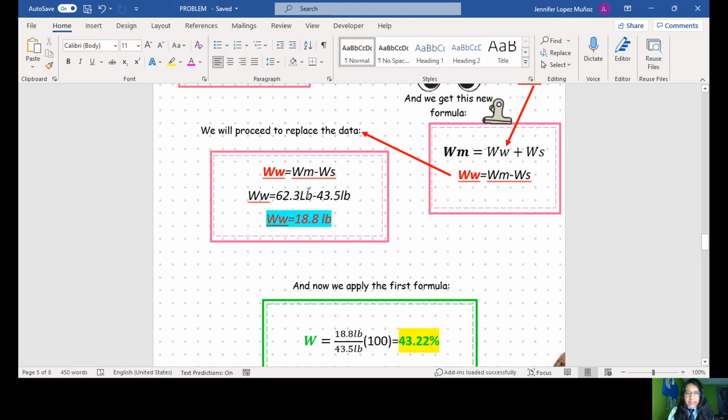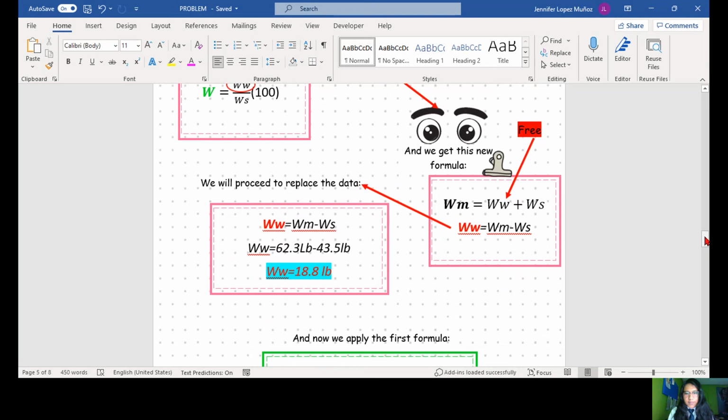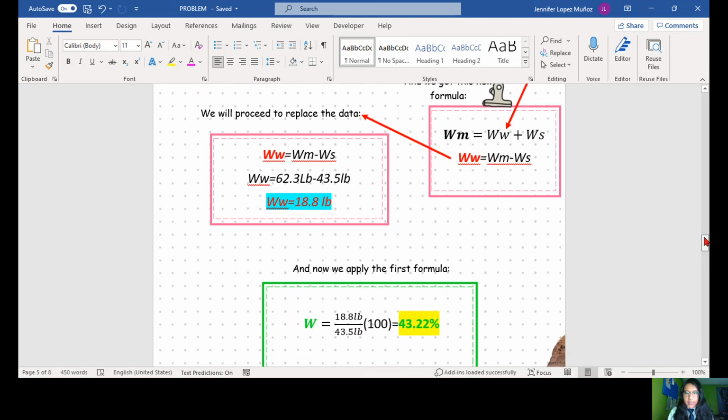This is the data I obtain from the problem, the sample weight and the solid weight, and this is the result.